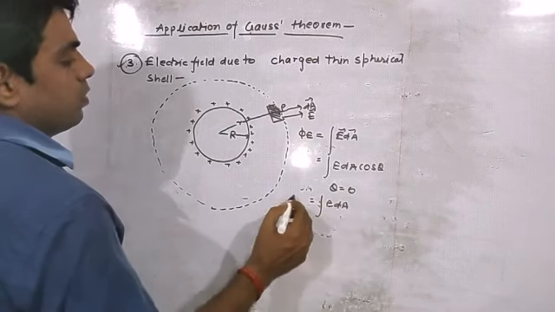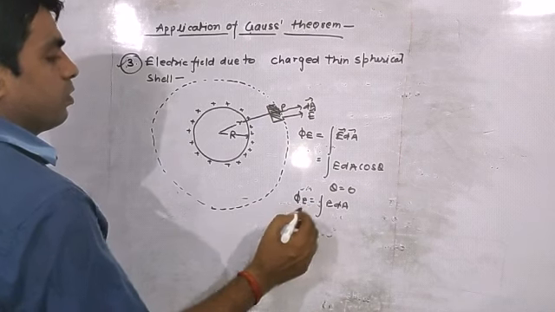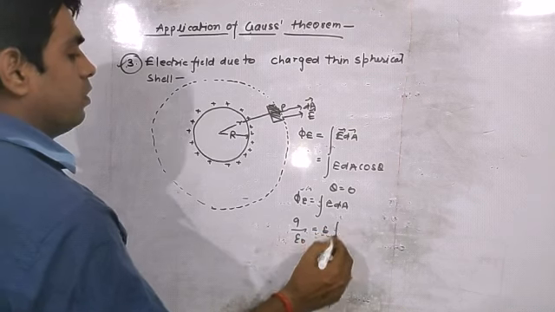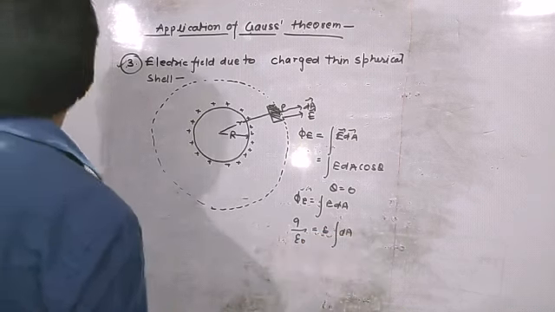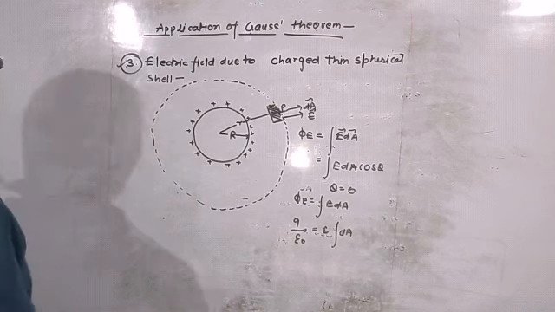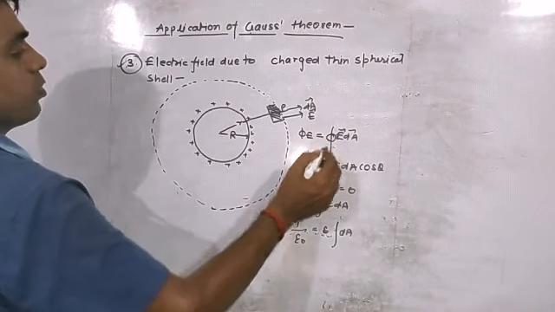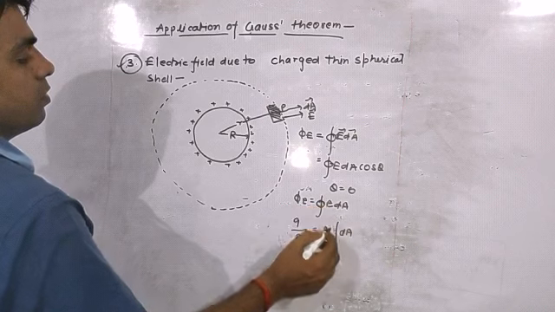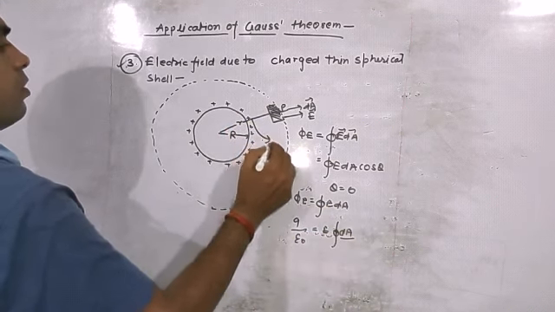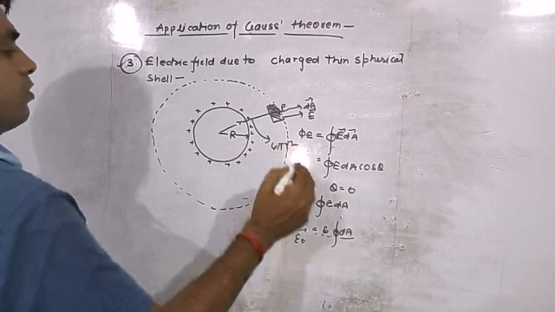E dA phi is equal to, now phi is equal to q by epsilon naught, and E dA. What is the surface integral of dA? This is the closed surface. We can choose here the closed surface sign. So the value of dA is nothing but 4 pi r square.